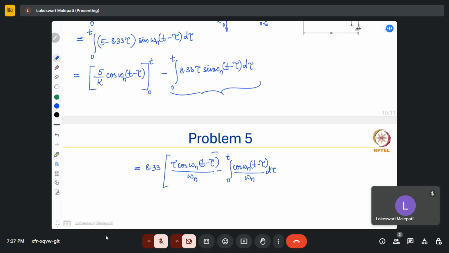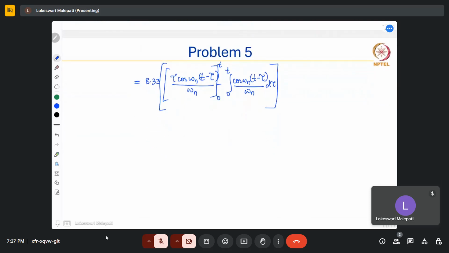So this is between the limits 0 to t. So this whole thing is multiplied by 8.33.